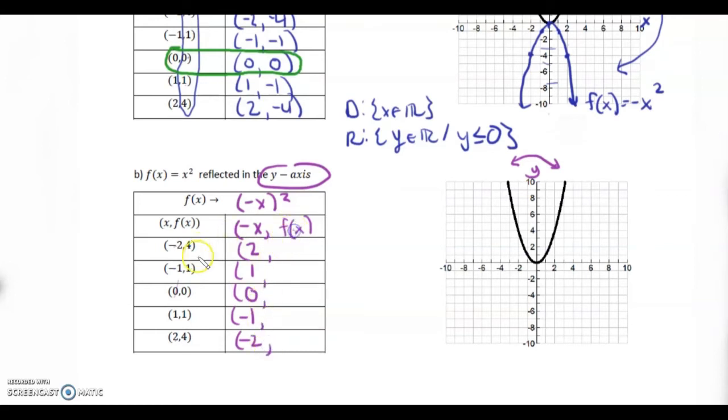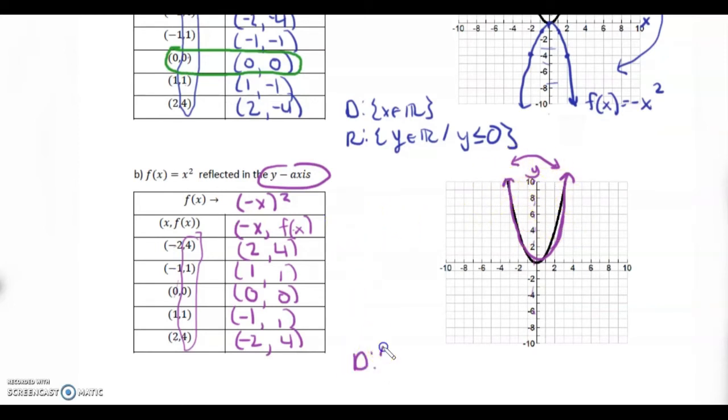Okay, for f at x, there's no transformation on the y's, so we just leave them as is. So if we were to actually graph this, it's going to be the same graph here, because parabolas have the characteristic that they're symmetric about the y-axis, so we have the same graph.